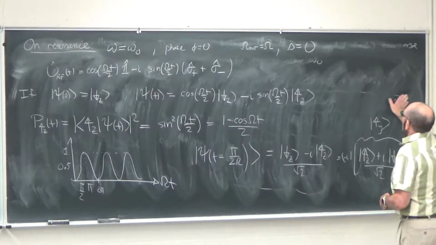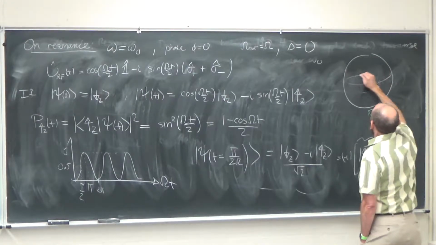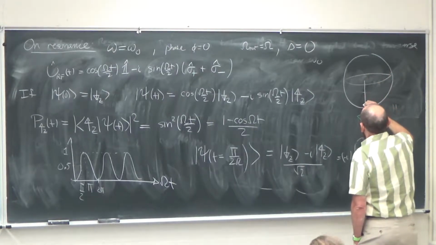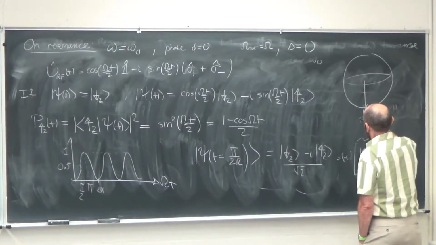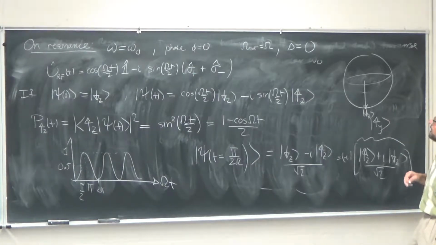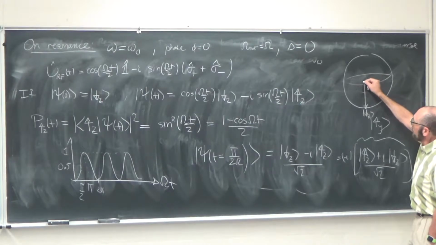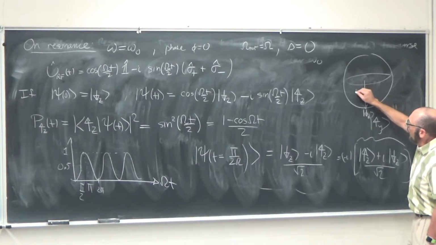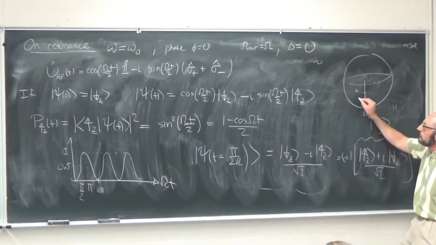So, if I think about this on the Bloch sphere, if initially the Bloch vector is such that it's spin down along z, that's my state at time t equals 0, then in the rotating frame, the system is precessing about the x-axis, right?